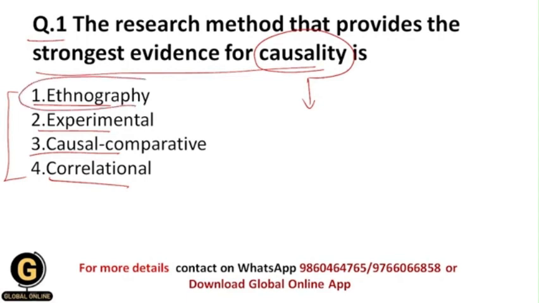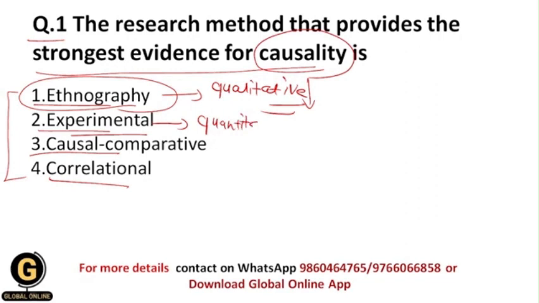Within the ethnography research method, basically this is a qualitative type of research method, because in this research method a researcher wants to study the culture of a particular society or community. The experimental research method is basically a quantitative research method, and within it a researcher manipulates the independent variable and sees what the effects of it are on the dependent variable.